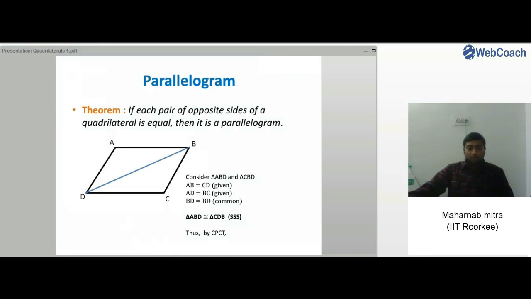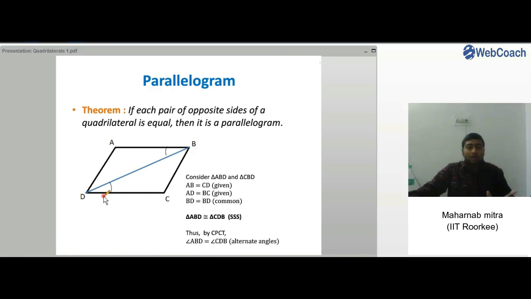thus by CPCT we get that the alternate angles, angle ABD, which is this angle, and angle CDB, are equal. And what are these? These are nothing but alternate angles to the transversal BD, right?